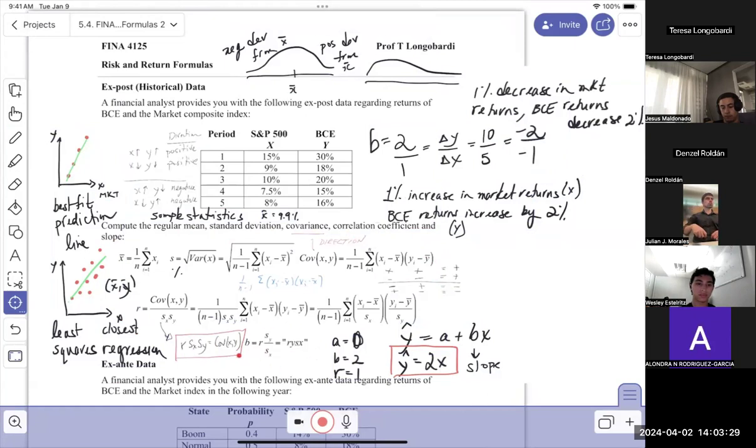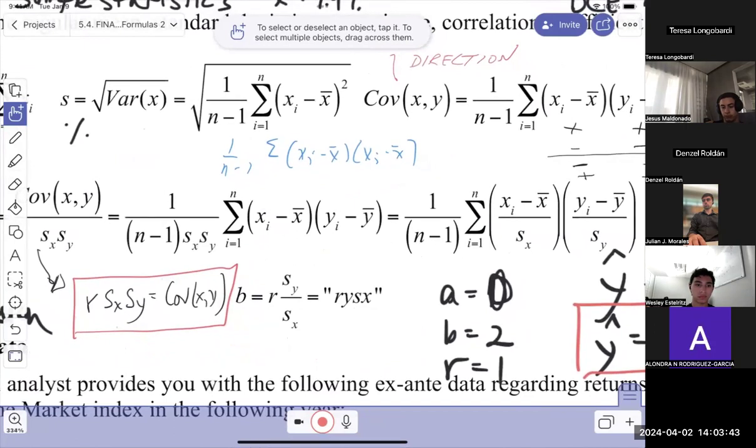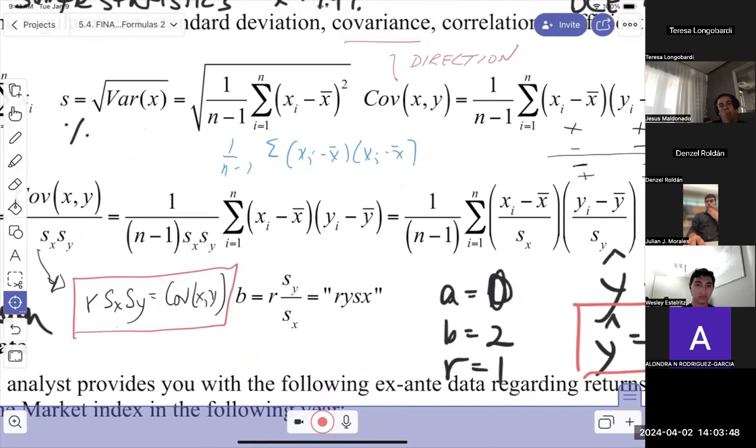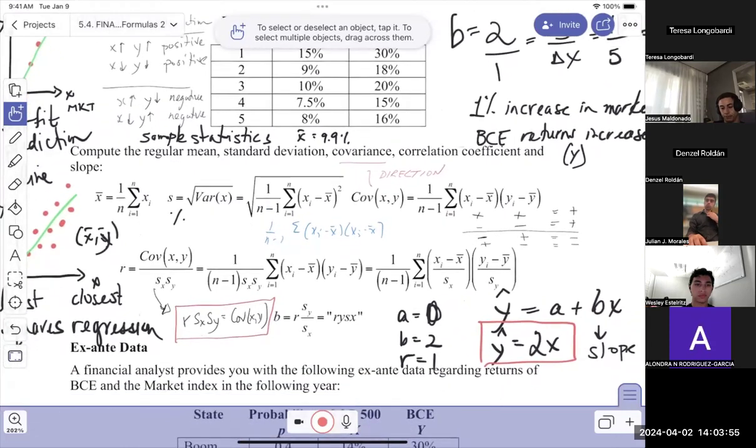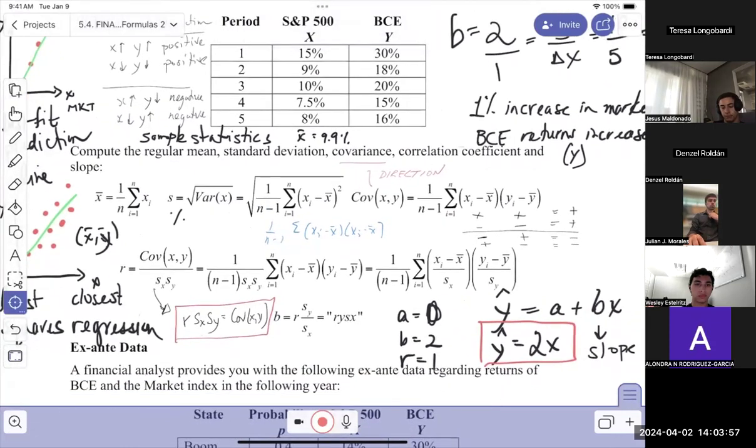For now, I want you to take this formula and substitute this in here and come up with a second formula for the slope. This one is here on this sheet because this is the one you probably saw in statistics. You guys can tell me if I'm wrong, but this is usually the one you see in statistics. But there's another formula that you can derive by substituting R into here and simplifying. What do you get?